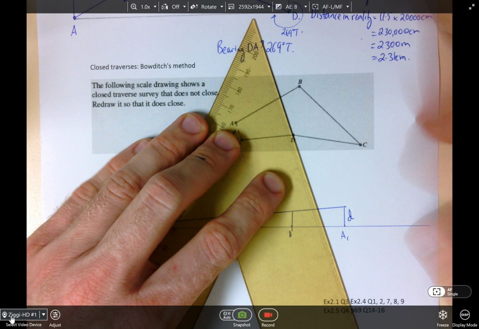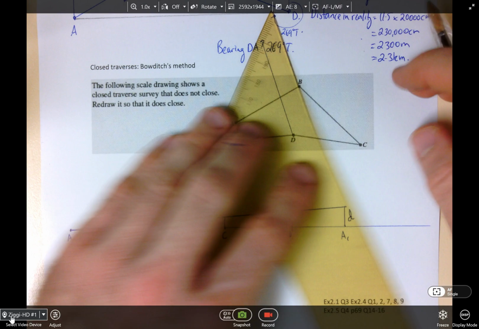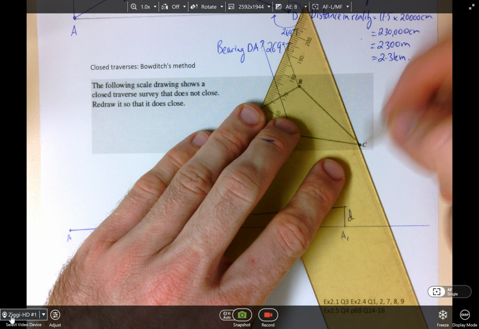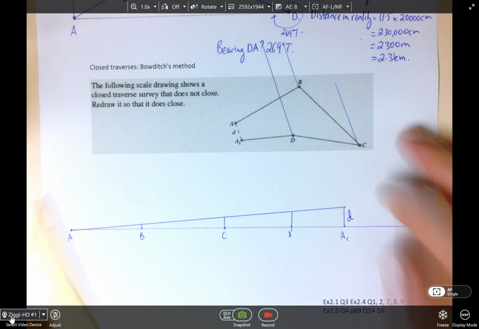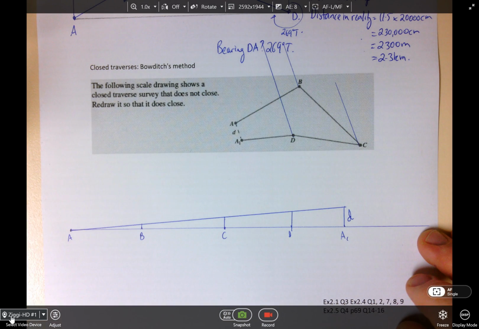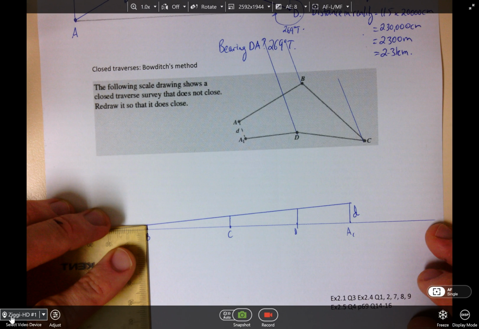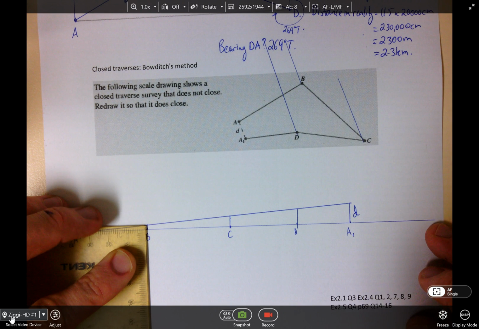I'm going to draw little parallel lines in these directions. And I'm going to measure this little error at B, which is about 3 millimeters.